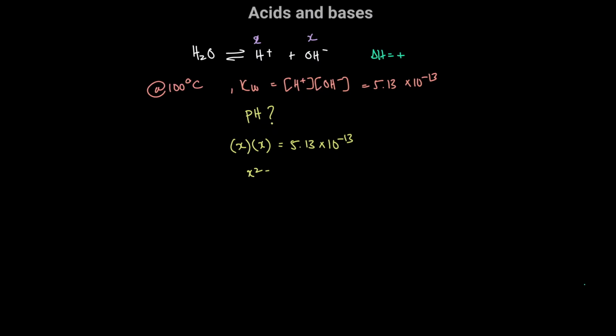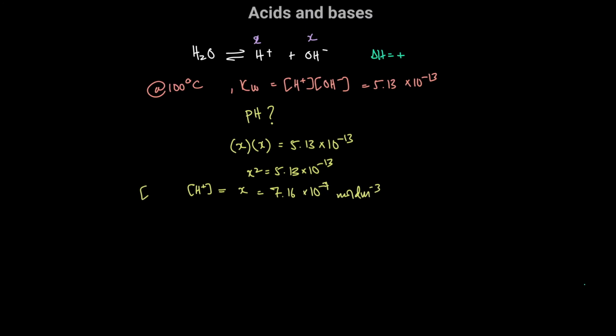So x^2 = 5.13 x 10^-13, and therefore x, which is my concentration of H+ ions, is equal to the square root of this value, which is 7.16 x 10^-7 moles per dm^3.